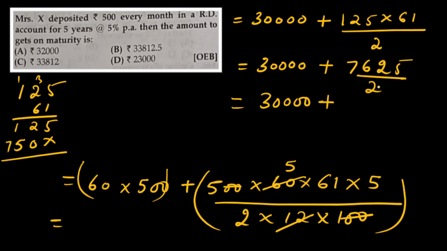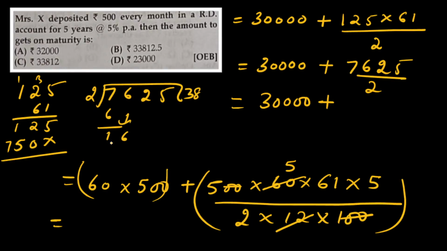We'll convert this number into decimals. So 7,625 we will divide, because 2 is a smaller number. Let's divide. 2 into 7, 3. 2 into 16, 8. 2 into 12, 6. 2 into 5, 2.5.